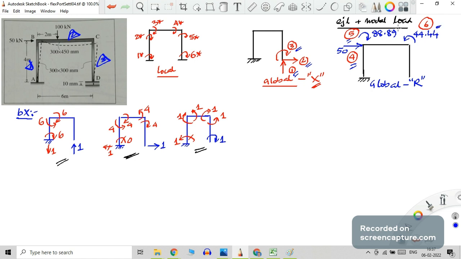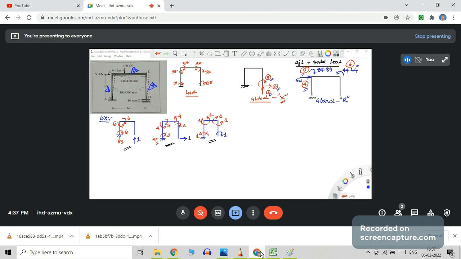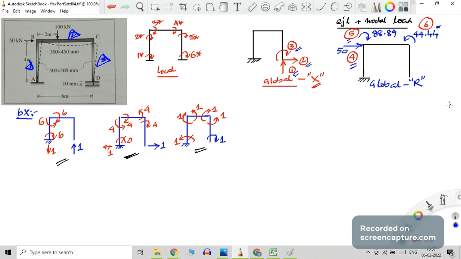Based on this coordinate system, we need to write our BR and BX. I have shown you the diagrams corresponding to three columns: column number one of BX, column number two of BX, column number three of BX.